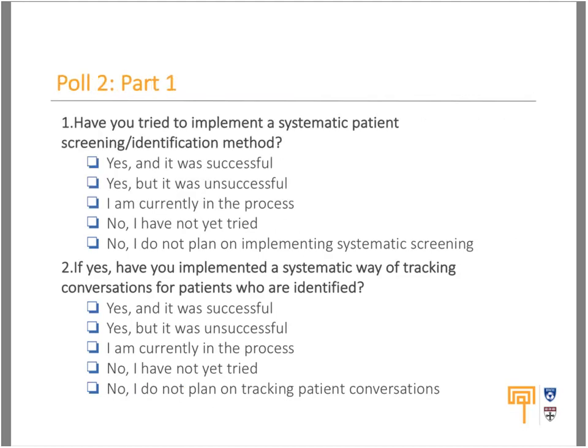All right, so we have the second poll for you now. I'll open it up. So there's 3 parts. I want to make sure you scroll all the way down. The first question is, have you tried to implement a systematic patient screening identification method? The second question is, if yes, have you implemented a systematic way of tracking conversations for patients who are identified?